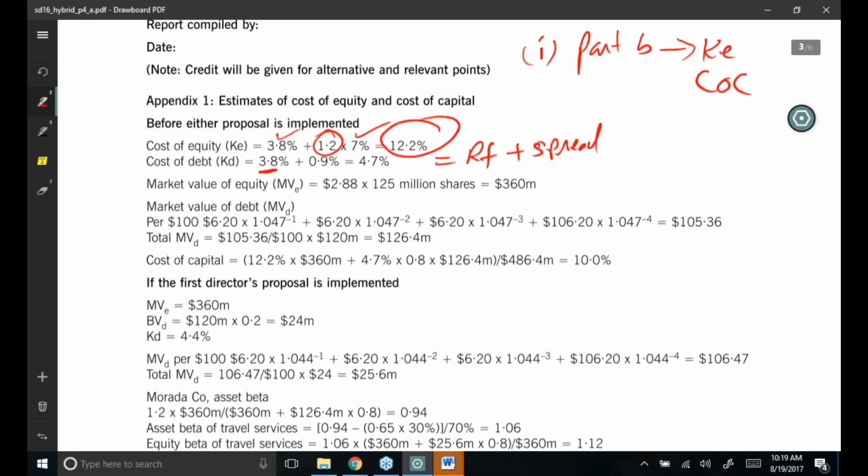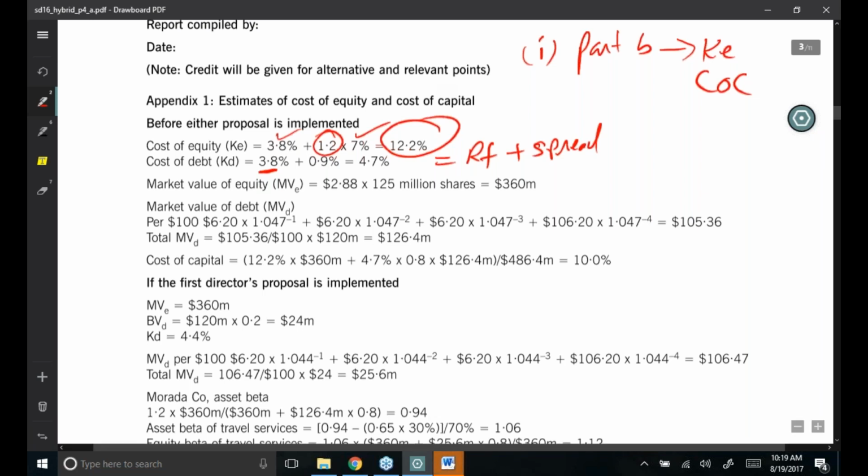If we add 90 basis points to the 3.8%, your cost of debt before tax will be 4.7%. Okay, what about the market value? The market value of $2.88 per share is given, and the number of shares is 125 million. If we multiply these, the market value of equity is 360 million. And we need to calculate the market value of debt.